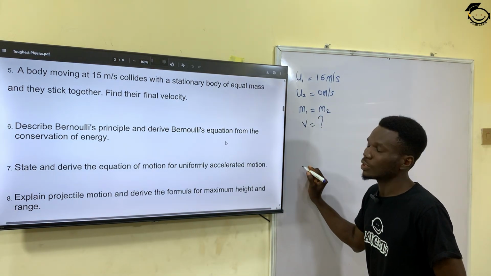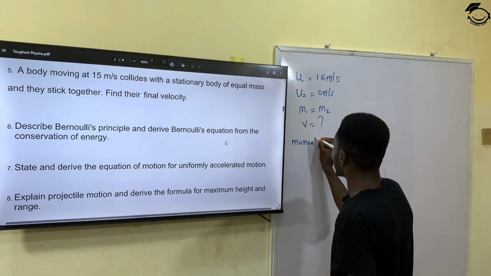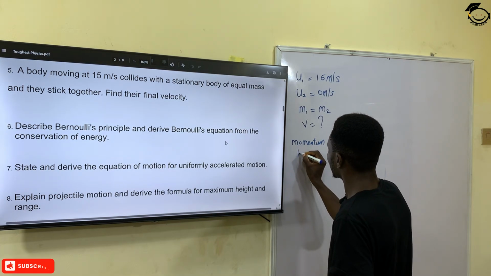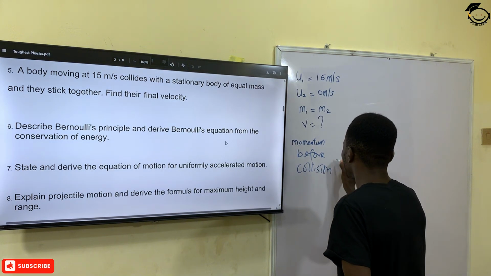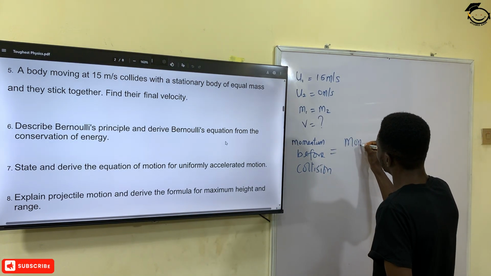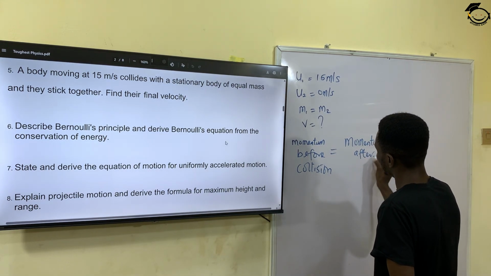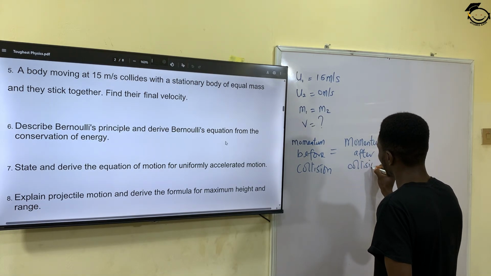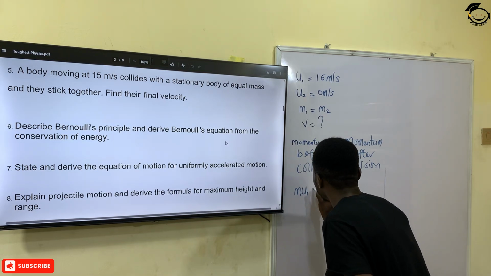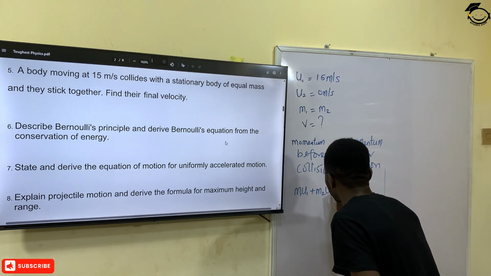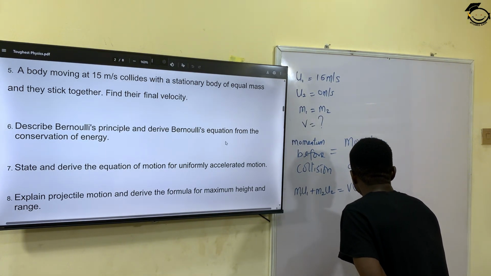From the law of conservation of momentum, we know that momentum before collision must be equal to the momentum after collision. So this simply means that m1 u1 plus m2 u2 equals v times (m1 plus m2).